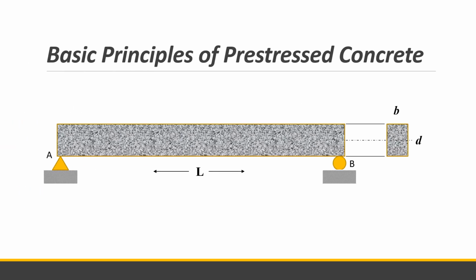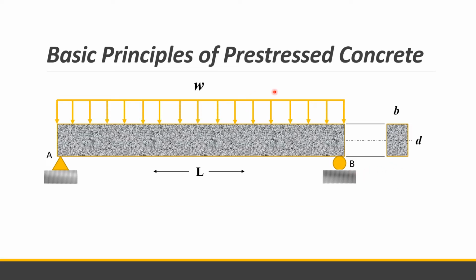Now consider here a beam, a beam with cross-section B by D. This is a rectangular concrete beam with span L supported by a hinge and a roller, with service loads or distributed load omega.